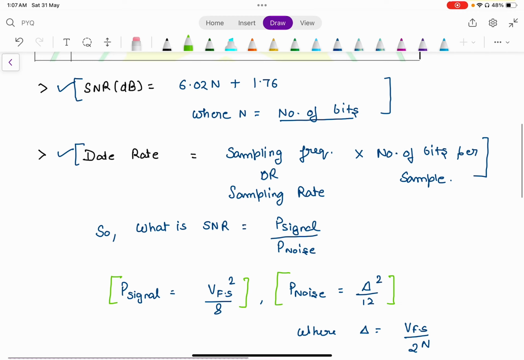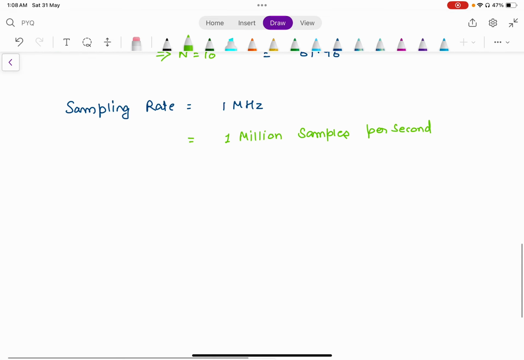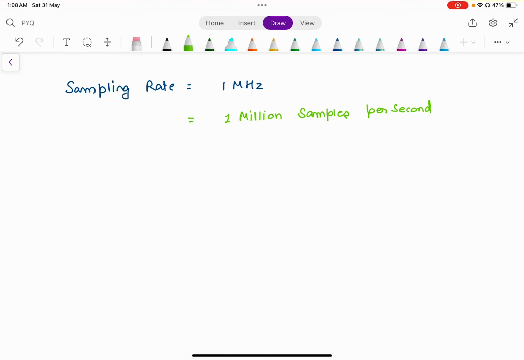So if you see the data rate formula, it says the sampling rate times the number of bits per sample. So sampling rate is this. So data rate would be 1 million, I am writing this unit as per second just for clarity, into 10 bits. So it would be 10 megabits per second.